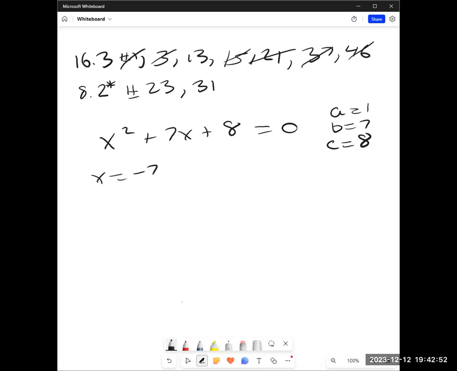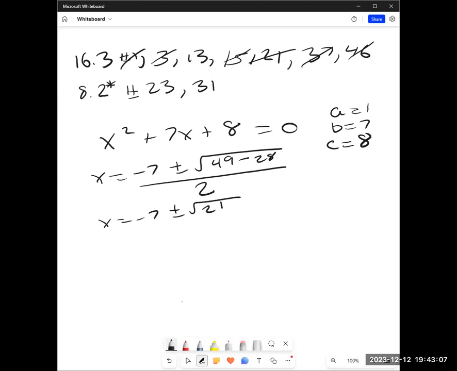X is going to be negative b plus or minus the square root of b squared minus 4ac, which is 28, all over 2a, which is 2. It's -7 plus or minus root 21 over 2. And so this is -7 minus root 21 over 2, and -7 plus root 21 over 2.